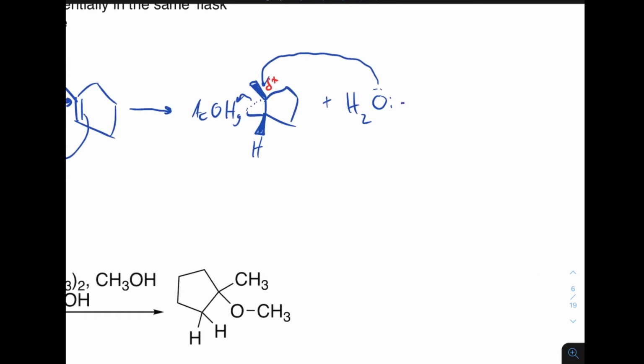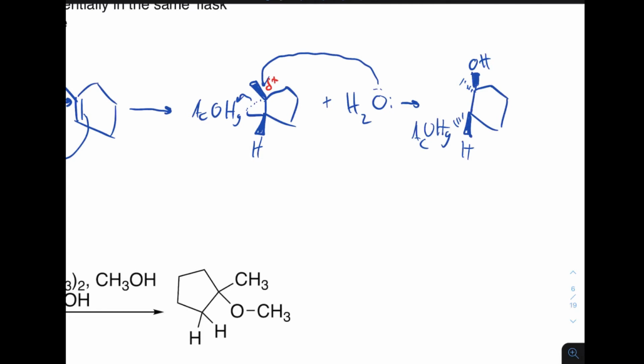And so what we end up seeing as a result is this, with our water molecule having attacked this particular site. It's technically SN2, so it's wedged, right? And we see this dashed position where the methyl group is.